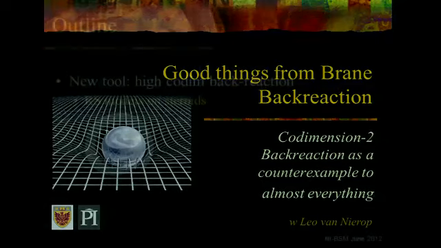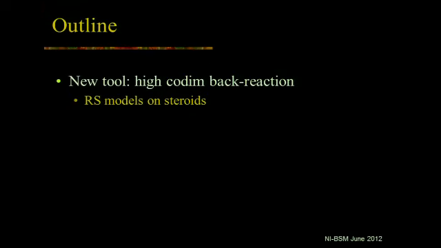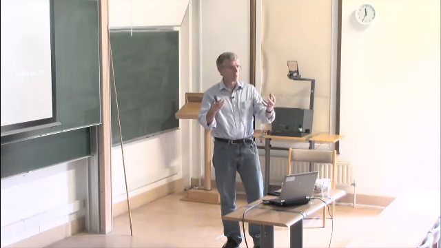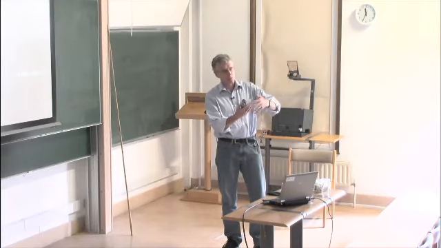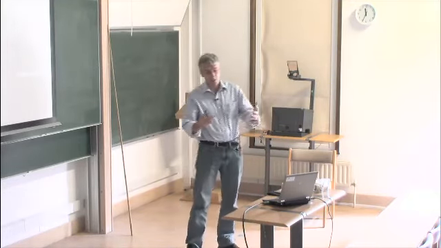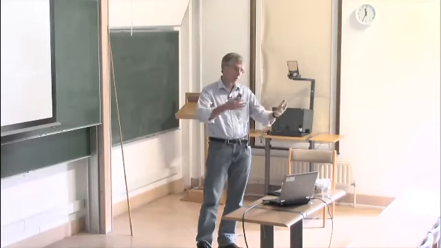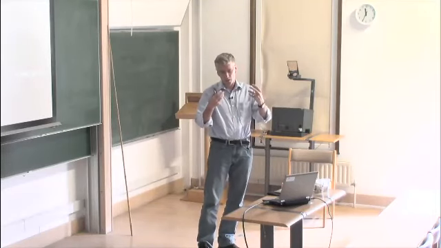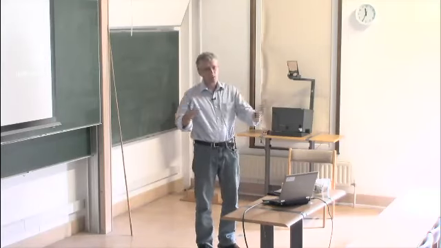So the way I'd like to describe things to you is first I want to tell you the tool with which the conclusions are going to be drawn. The problem that Leo and I have solved is if you have a bunch of codimension or higher codimension sources, codimension being the number of dimensions transverse to the source, and typically for cosmology or for particle physics you choose some sources, like you choose their tensions or their properties, and you want to know what the implications are for the fields that they set up.